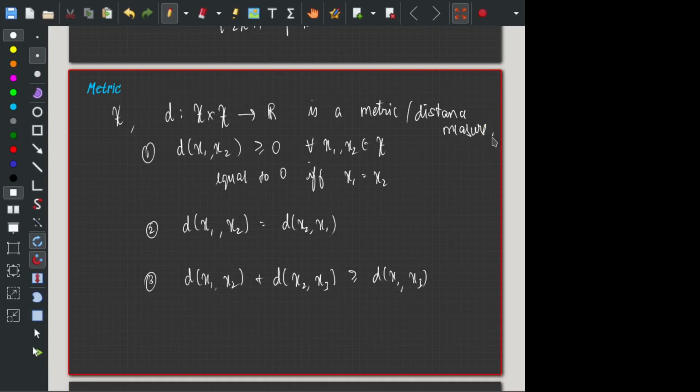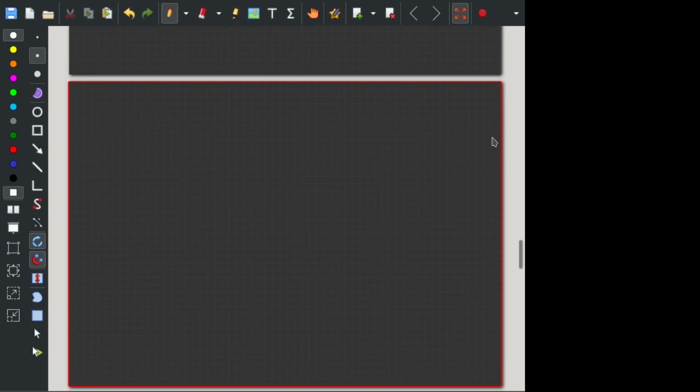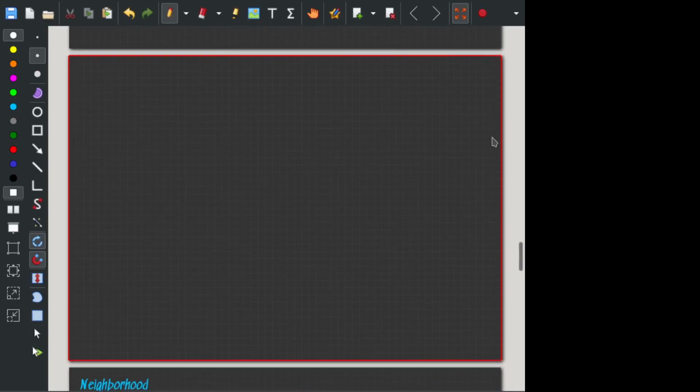Alright, so the standard Euclidean distance, you can verify that it satisfies all of these properties. Right? Yeah. Alright, so can you give some other examples of metrics? Okay, how do you define the Manhattan distance?